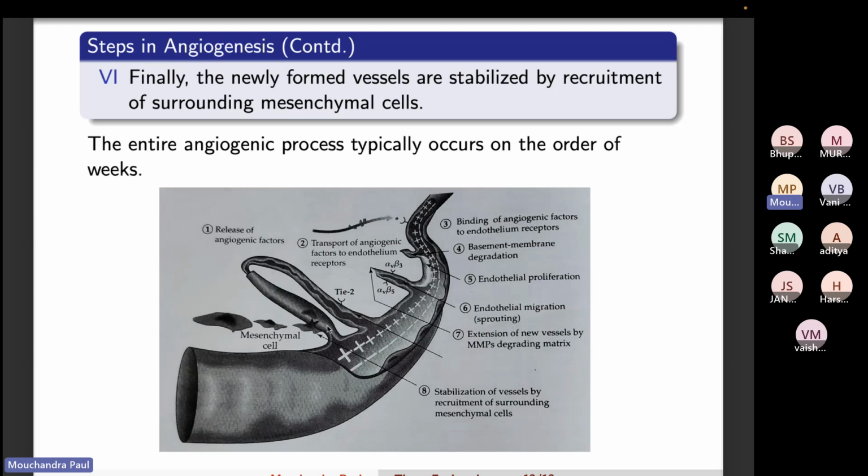Blood vessel, as I said, is a multicellular structure. So the mesenchymal cells form another outer lining to this newly formed blood vessel. After the eighth step, you will have fully mature blood vessels, now ready to transport the blood, carrying various nutrients and oxygen, etc.